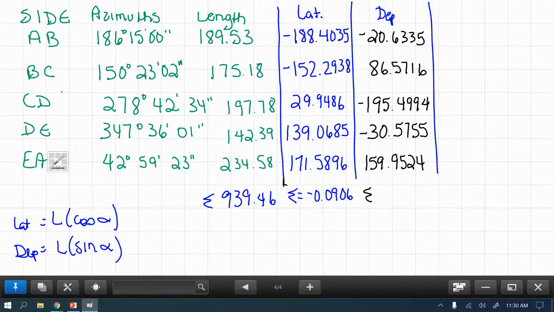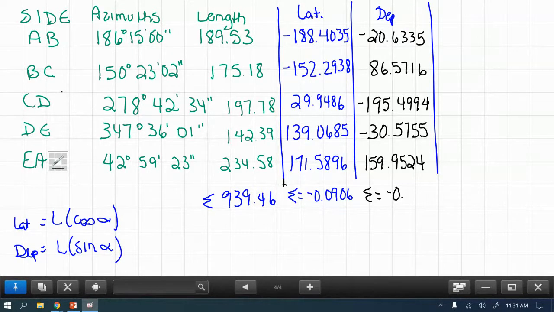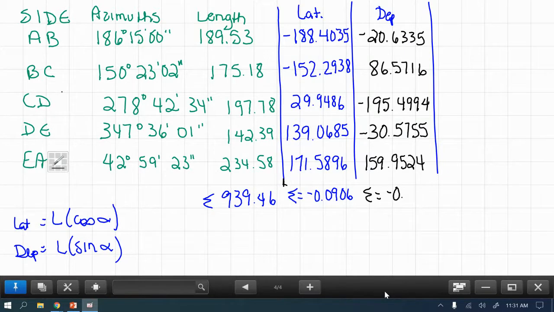Okay, so I'm going to do the same thing. I'm going to do a summation of that. When you add that column up here, I got negative 0.1844.